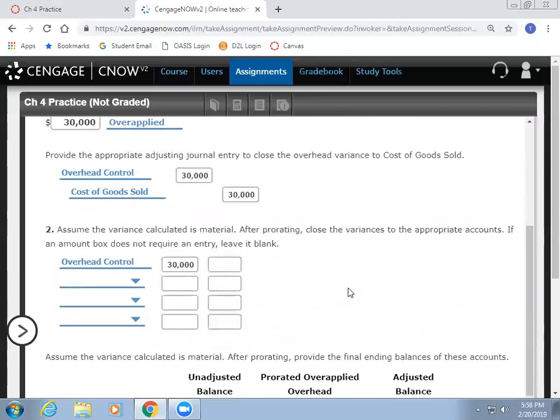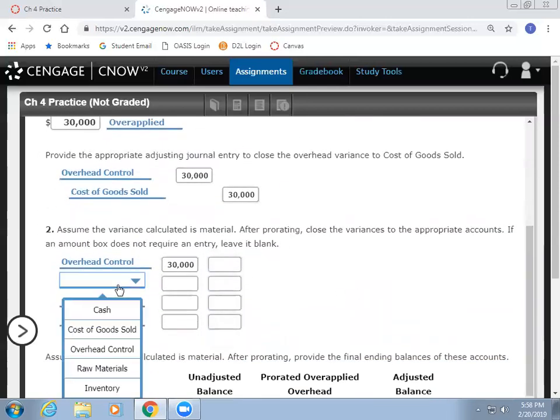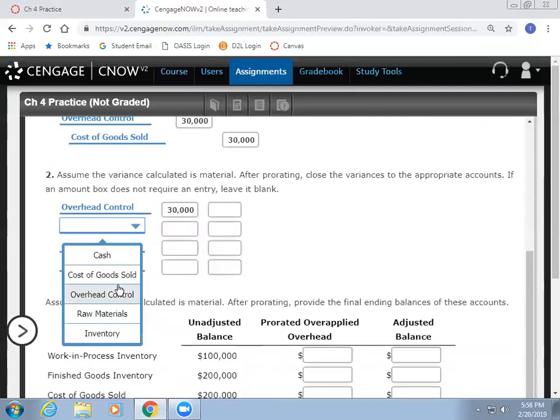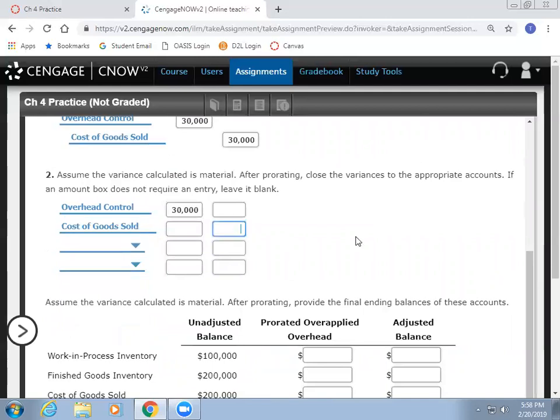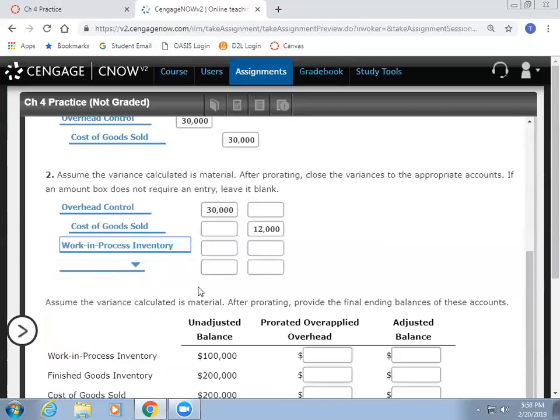So overhead control still gets debited the 30,000. I don't know why they don't let us start with work in process, but we're going to start with cost of goods sold, and it gets credited 40% or 12,000. And then work in process is 1/5 or 20%, 6,000.